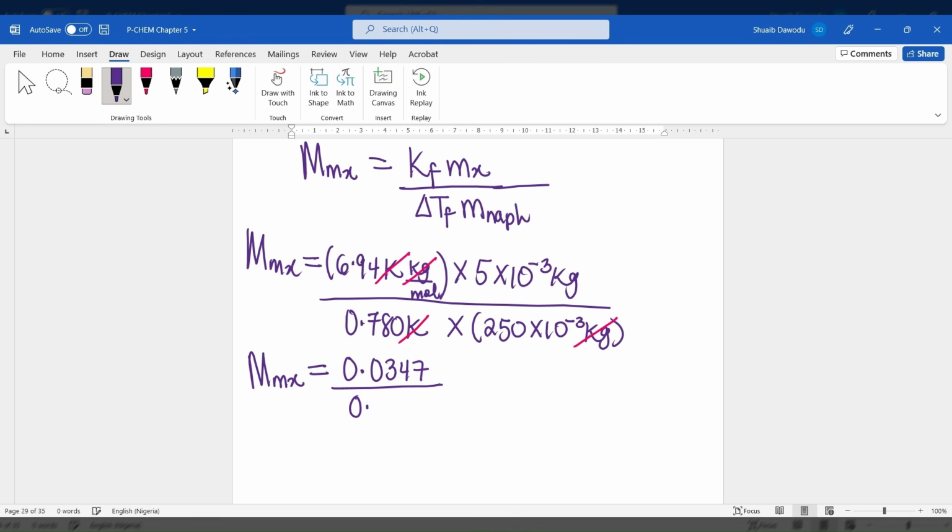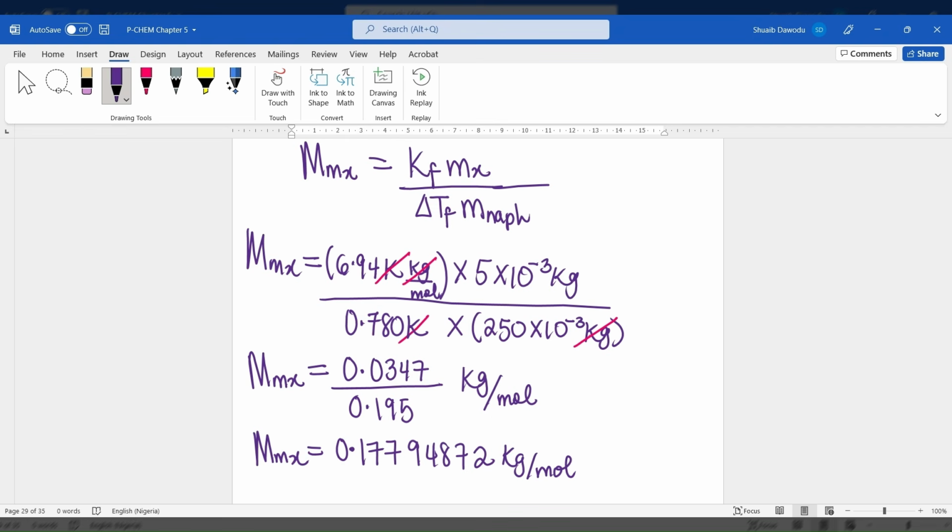That's just 0.195, so kilogram here divided by mole, kilogram per mole. So we input this information into our calculator, and we end up getting the molar mass of X as 0.177948722 or so. So we have found the molar mass of the compound X, in kilogram per mole.